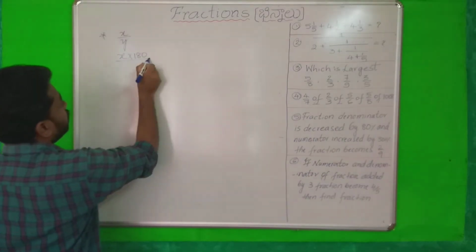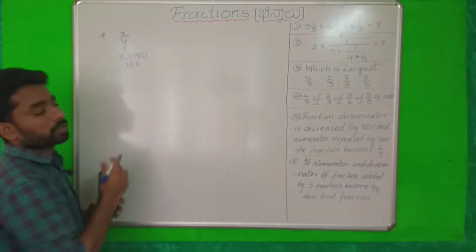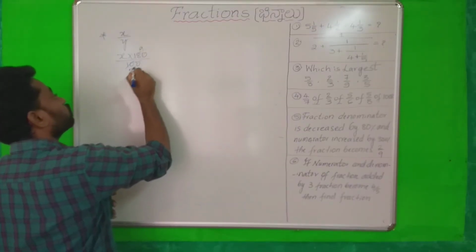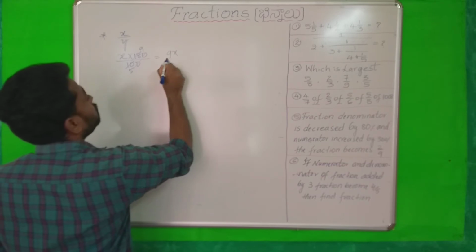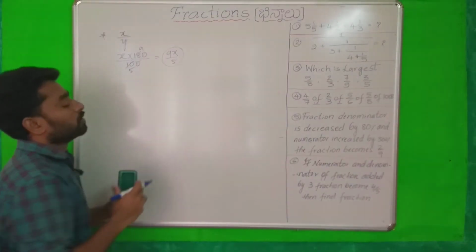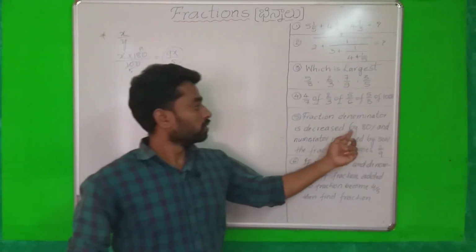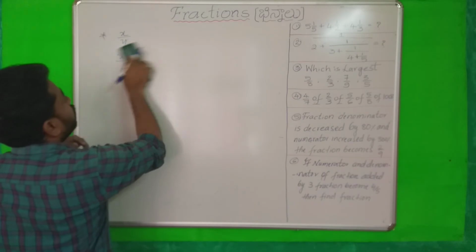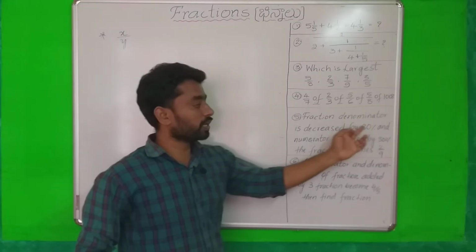So 180 by 100, the zeros cancel, 2 9s are 18, 2 5s are 10, so 9x by 5. This is the numerator. Now the denominator is decreased by 80%.